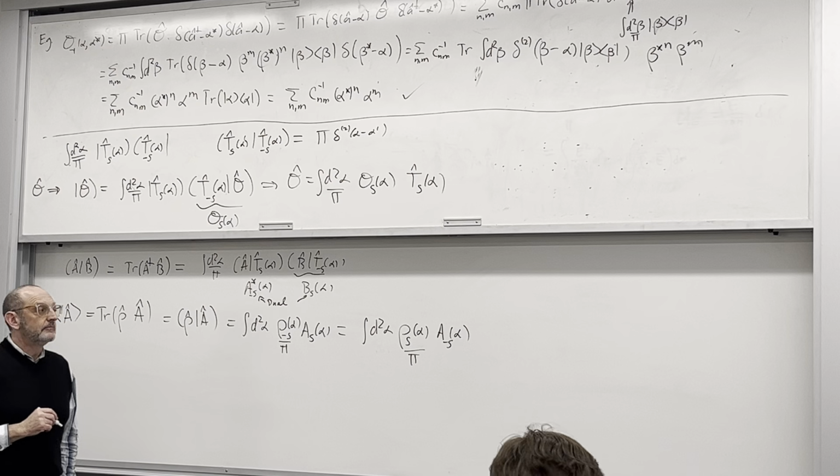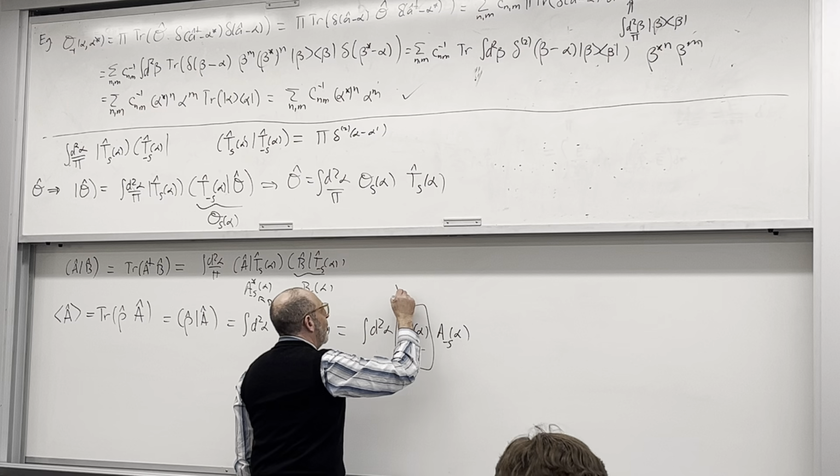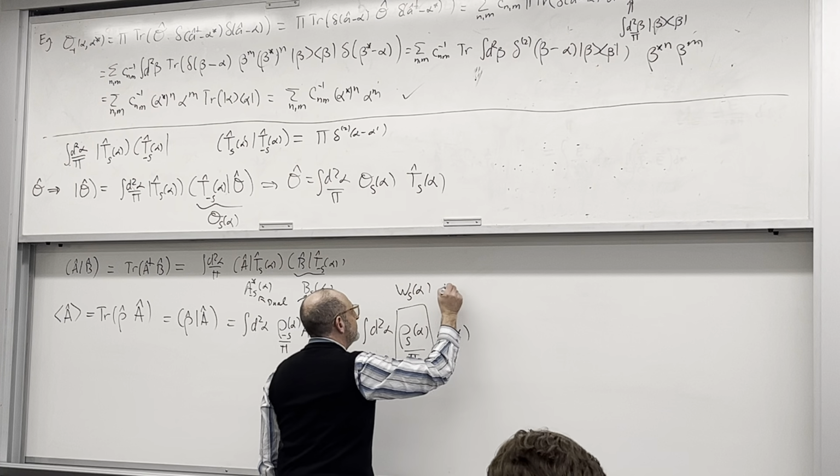And this is what we're calling the S-ordered quasi-probability.